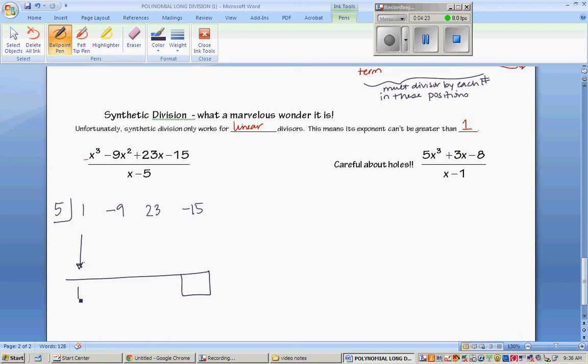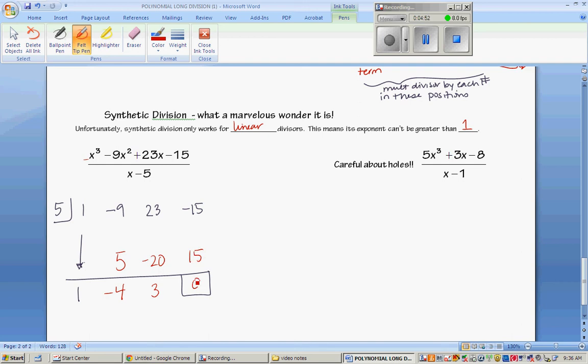So if you remember from above, we are going to multiply this divisor by any number that's down here. 5 times 1 is 5. Then you add these together, -4. 5 times -4 is -20. Add these terms. 5 times 3 is 15. And hooray, we get a remainder of 0, so we don't have to concern ourselves.